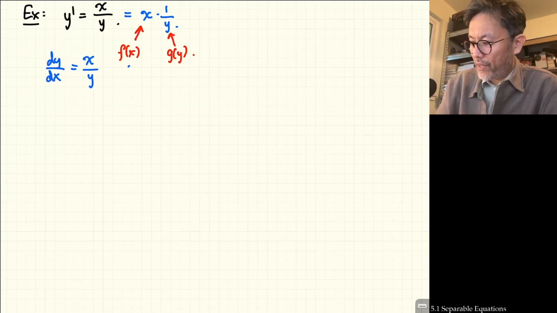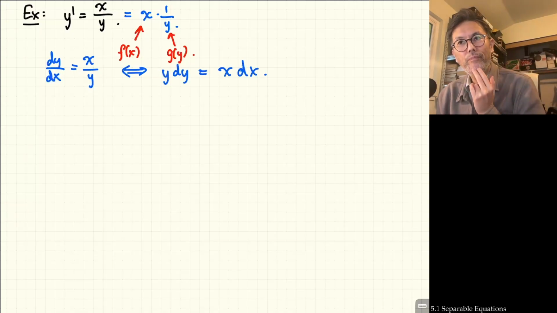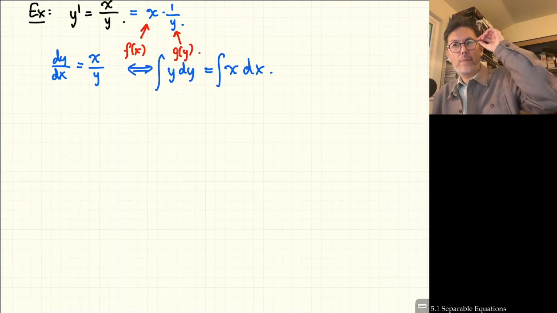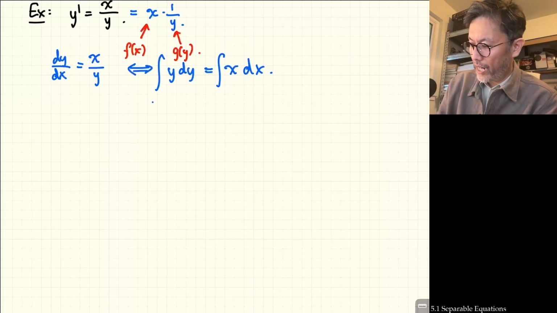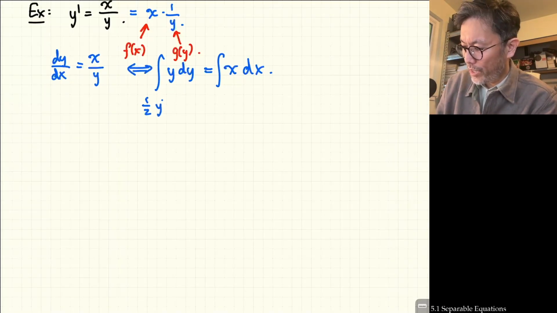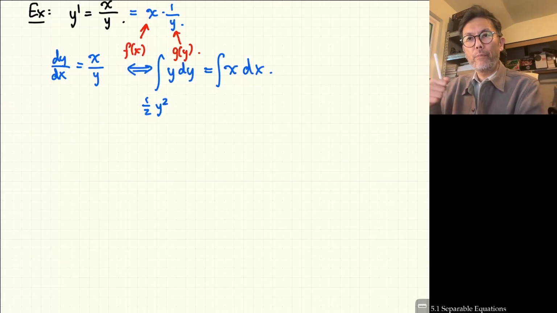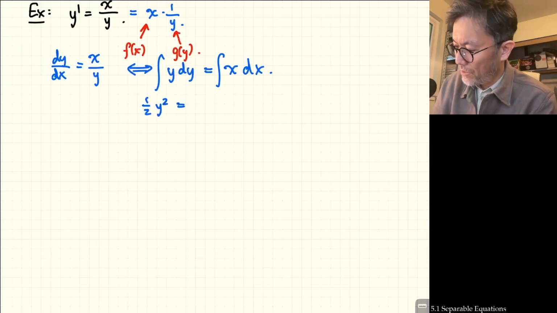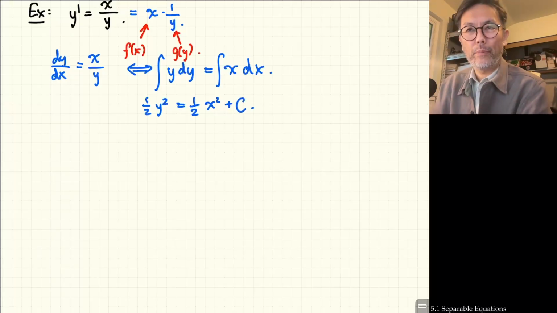I'm going to move the stuff involving y onto one side, move the stuff involving x to the other. So after doing that, I get y dy is equal to x dx. And then I integrate both sides. Okay? So integrating this side here, I get 1/2 y squared. I'm going to reserve the plus c for the other integral, okay? And then this side I get 1/2 x squared plus c.